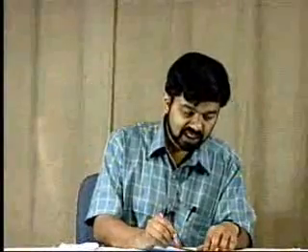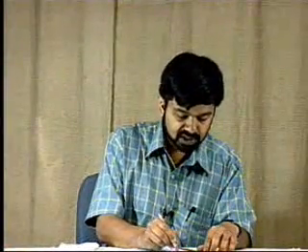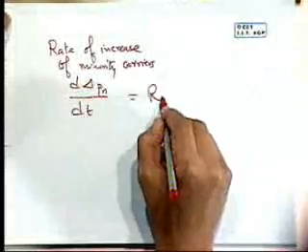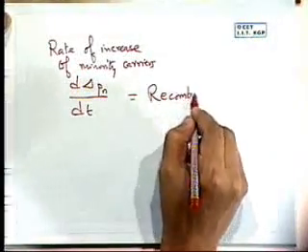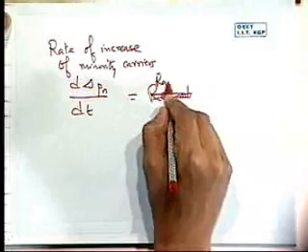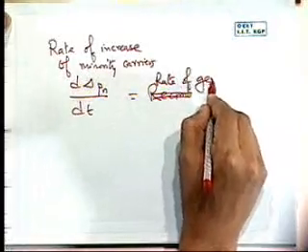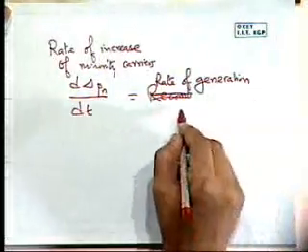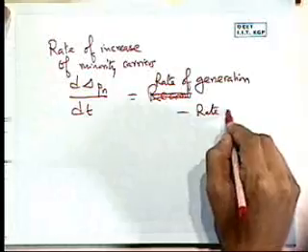So summarizing these ideas briefly, the rate of increase of minority carriers, namely delta Pn, d delta Pn by dt, the rate of change, is equal to the rate of generation, how many are being generated per unit time, minus the rate of recombination.